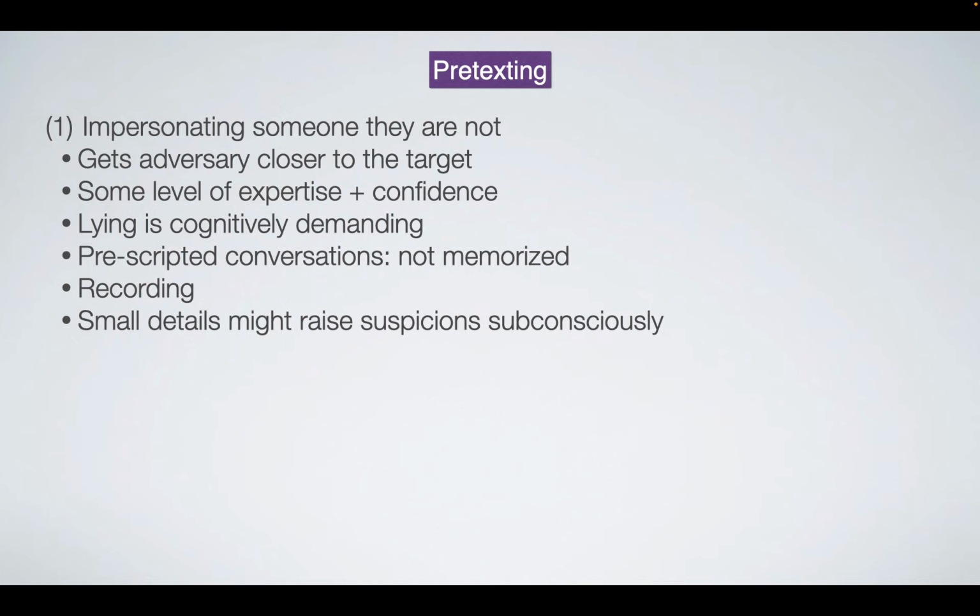So a pretext, what social engineers look at is they want to acquire some level of expertise. Obviously, if they're impersonating an IT person, they're not necessarily going to be an IT person, right? They're not going to know everything a real IT person knows, but they do want to gather some level of expertise, okay? And so I guess it's a question of how close they think they'll be scrutinized.